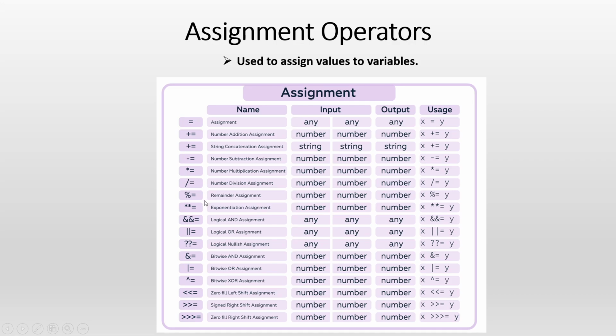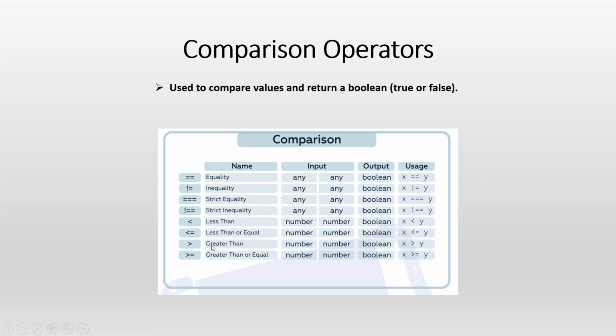We won't be using them every time, only in very rare cases. And these are AND operators, these are OR operators, these are null operators, and also bitwise operators. These are very advanced level topics, but you should have a basic understanding.